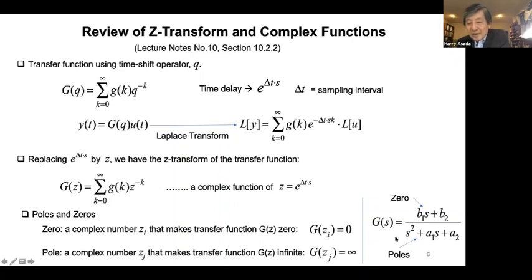However, let's expand that definition, because a transfer function may take many different forms. Back to this, a zero is defined to be a complex number Zi that makes the transfer function Gz equal to 0. And poles are complex numbers that make the transfer function Gz infinite.